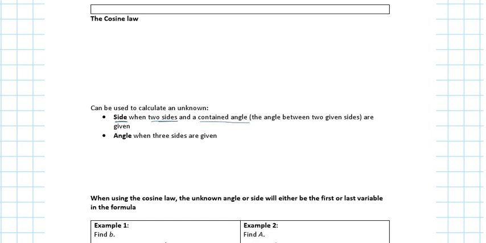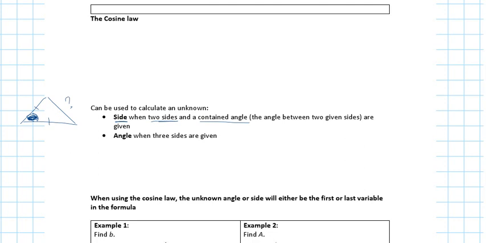So for me to be able to use the cosine law, I need to have two sides and the contained angle, so the angle between them. If I don't have that scenario, I cannot use the cosine law. Okay? So any two sides and a contained angle, then I can solve for the third side.